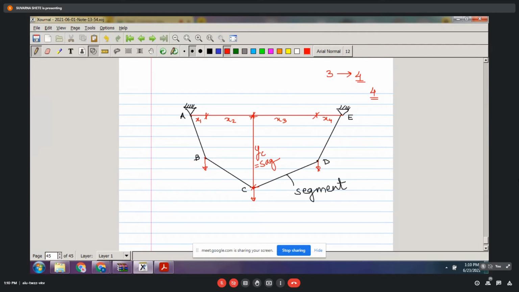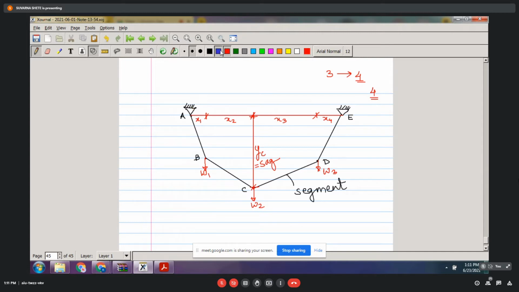Is it clear? These weights, suppose I name as W1, W2 and W3, are the applied weights. This is YC, the sag of joint C. A will have some support reaction and E will have some support reaction, which will be components because both are hinges, hinge supports.